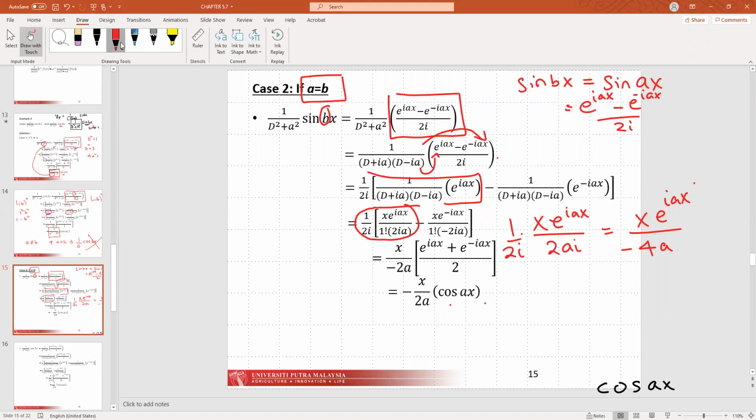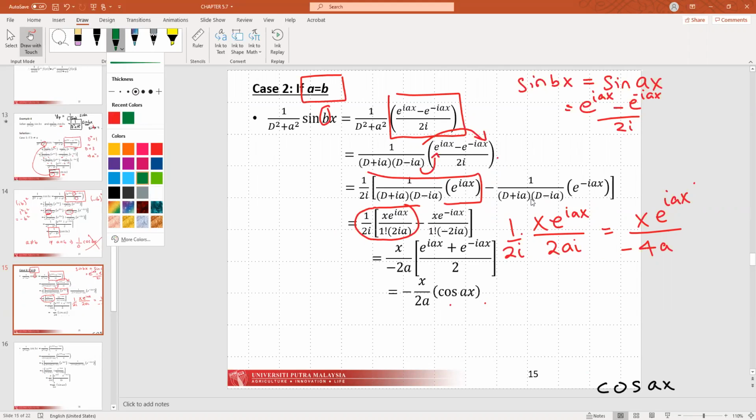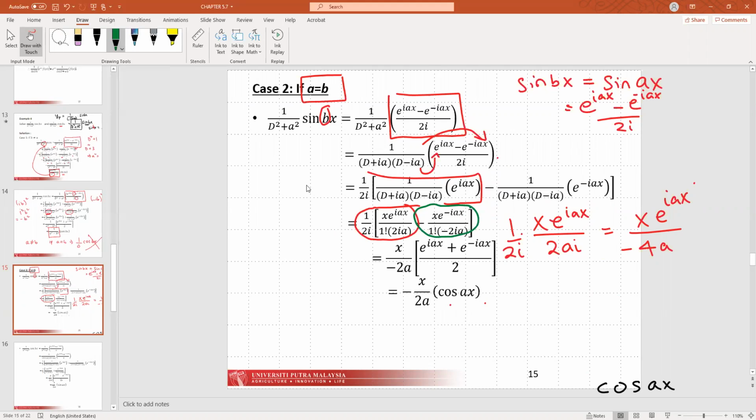Kemudian, kalau saya buat yang satu lagi, untuk bahagian ni, saya dapat minus x e to the minus aix. Okay, iax divided by 1 darab dengan 1 per 2i darab dengan minus 2ai. So dia akan jadi x e to the minus iax.